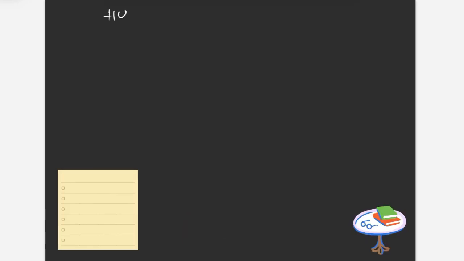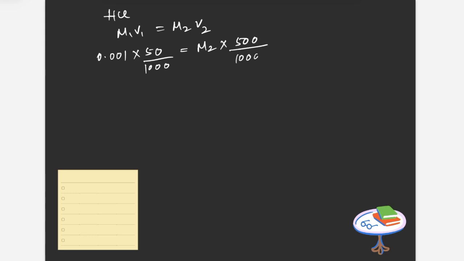Similarly for HCl, what will be the new molarity? Apply the formula M1V1 is equal to M2V2. What was the molarity of HCl? Initial molarity was 0.001 mole per liter multiplied by volume, that is 50 milliliter. Convert this into liters. This is equal to M2, which you have to find out, into V2, that is 500 milliliter, divided by 1000 to convert it into liters. 1000 cancels, 0 will cancel, this will become 5 tens are 50.